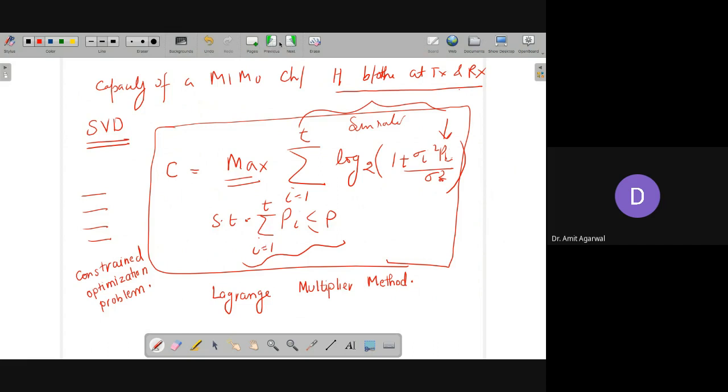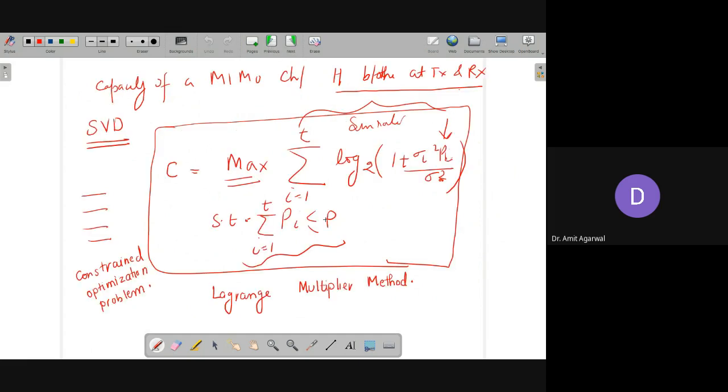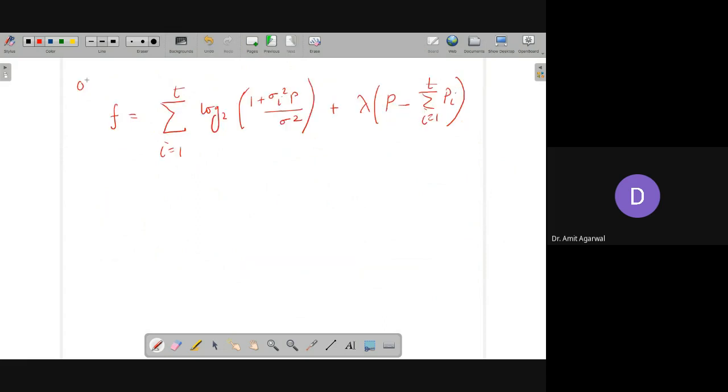So we write it like this, plus lambda times (P minus sum over i equal to 1 to T of Pi). This is your constraint, so we take the constraint here, P minus sum of Pi. This is the way we formulate the objective function for the Lagrange problem.